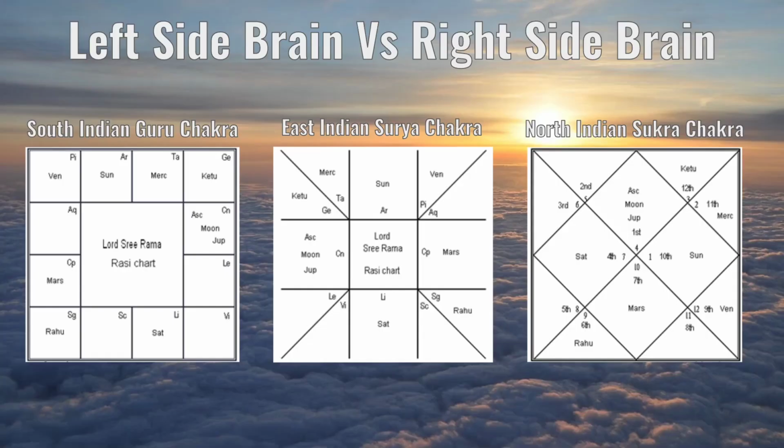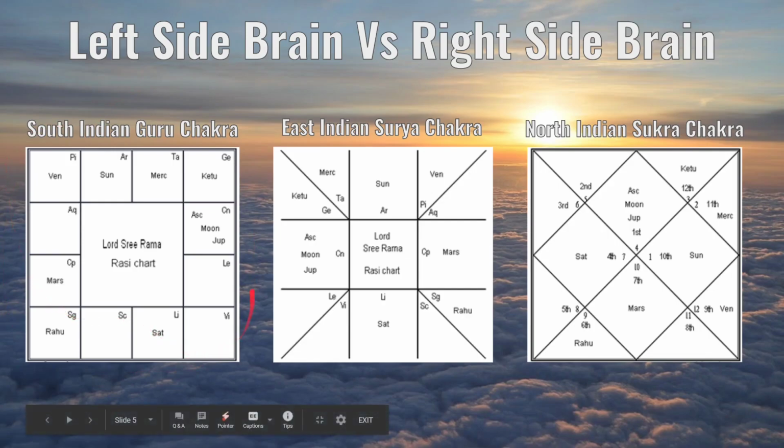So here we have a picture kind of describing what I've gone through, showing again the three chakras side by side. So we have the right side brain, which is our intuitive faculties. It's creative. Then we have the left side brain, which is logical, and it is promoted by straight lines, up and down and across.